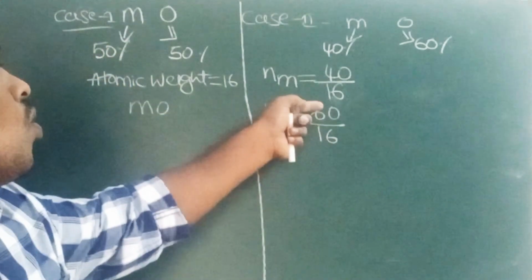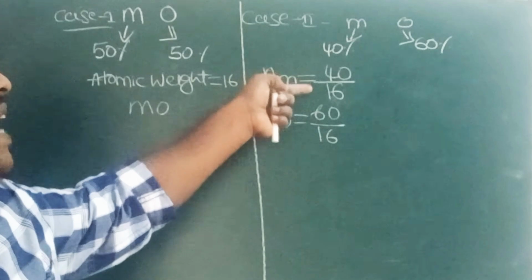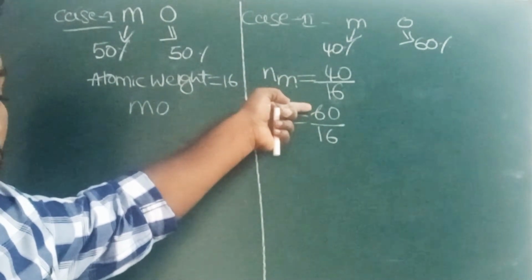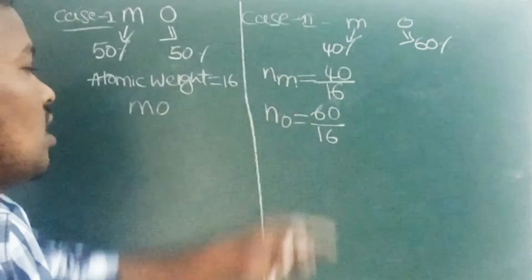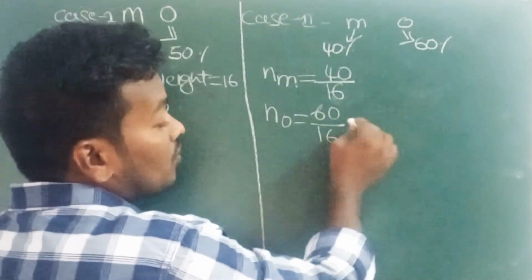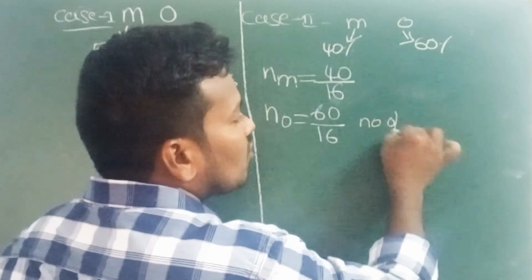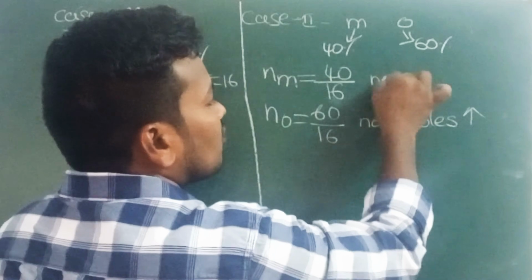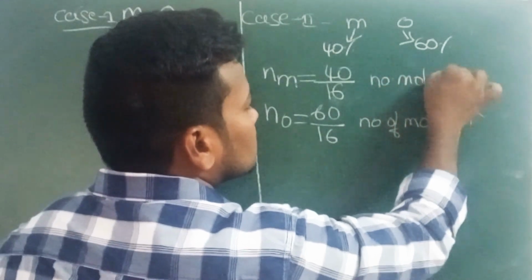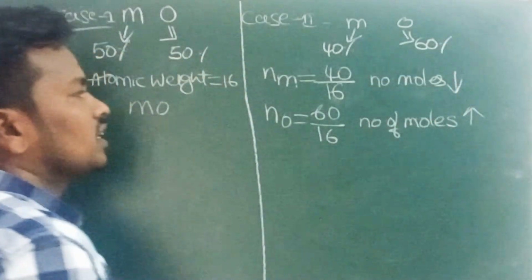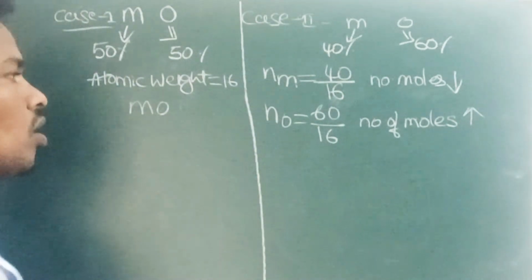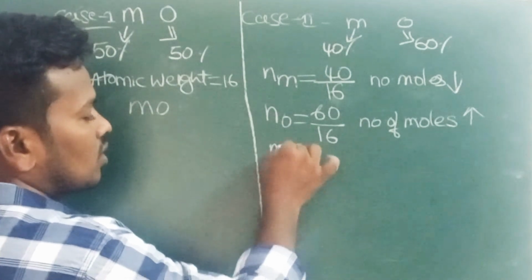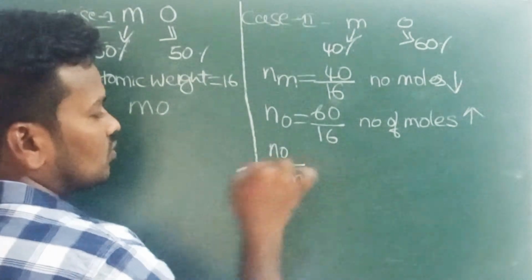So in these two, which will get the highest number of moles? Obviously oxygen is having the highest number of moles, and the metal has fewer moles. So we divide by the less number of moles. Nothing but number of moles of oxygen by number of moles of the metal.